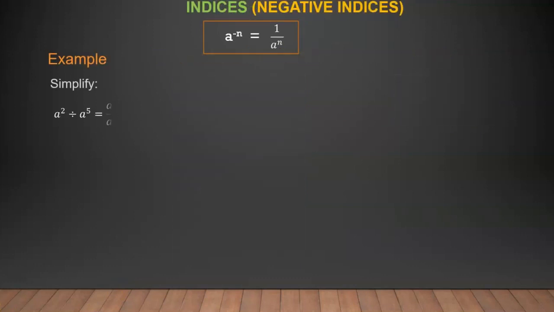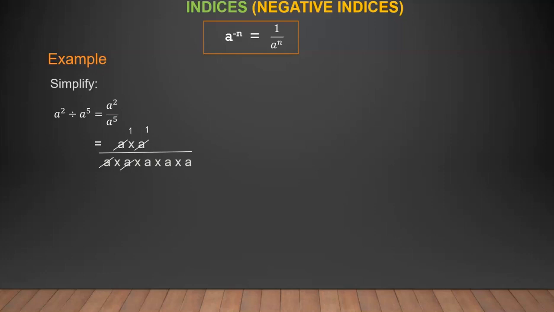These are some examples. We need to simplify a squared divided by a to the fifth. A squared just means a times a, and a to the fifth means you see a 5 times multiplied together. If the numerator and denominator are the same, you can cancel them and change it to 1, because anything over itself is equal to 1, and the same with the second set of a's.